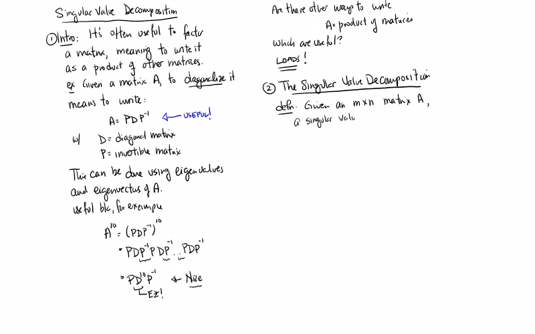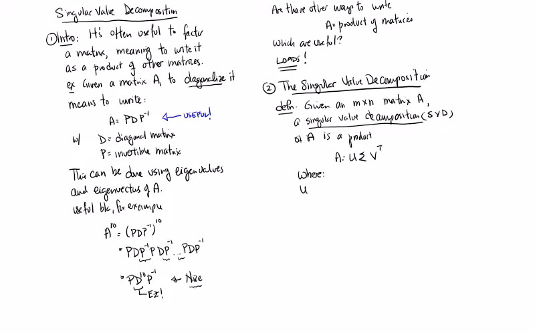The singular value decomposition, which will here and forever be abbreviated SVD, of A is a product A equals U sigma V transpose, where the following are true.